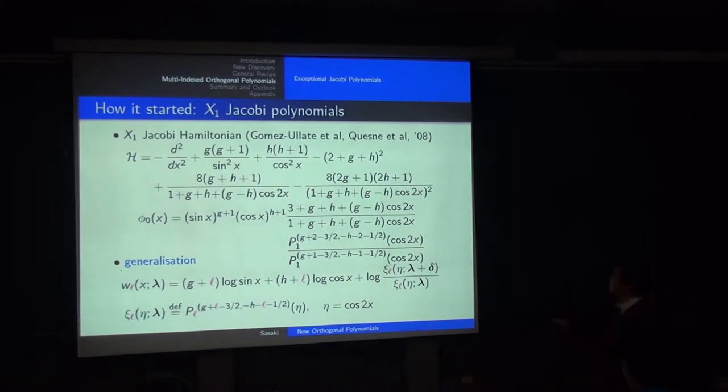When you look at this, cosine x goes between minus 1 and 1. So when you think a little bit, you will know this has no zero between minus 1 and 1.